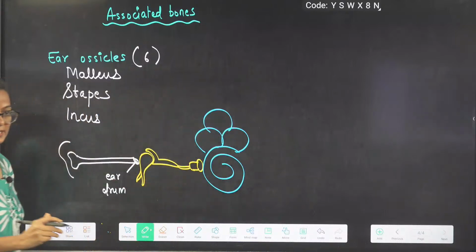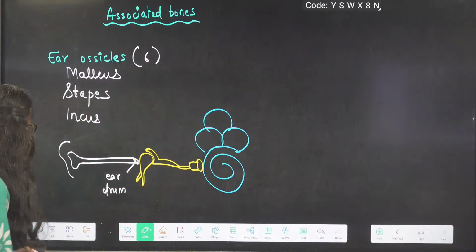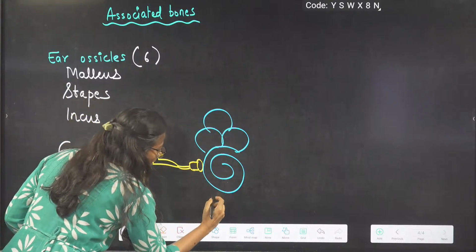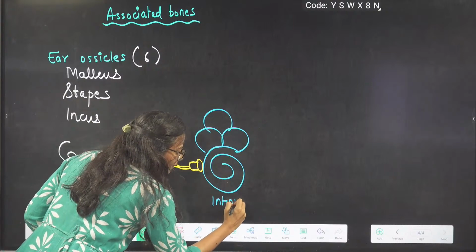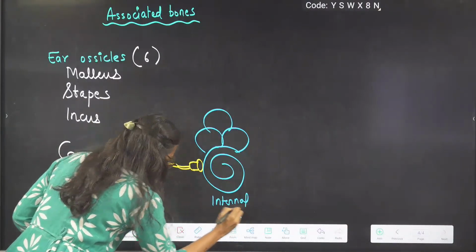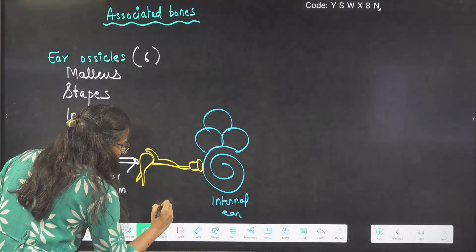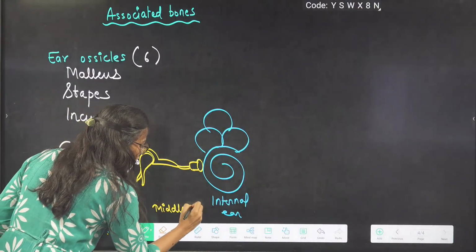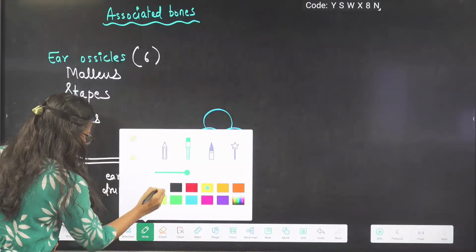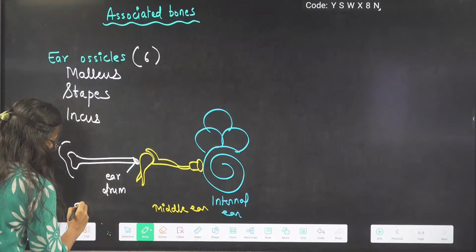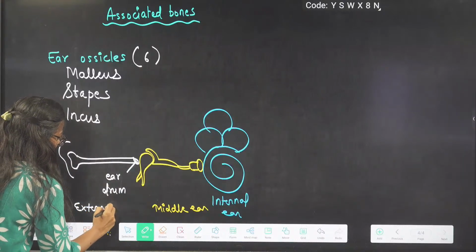So this is actually the structure of your ear. Now this part, in blue, is the internal ear. The one that I have shown in yellow is the middle ear where you have the bones, and this white is your external ear.